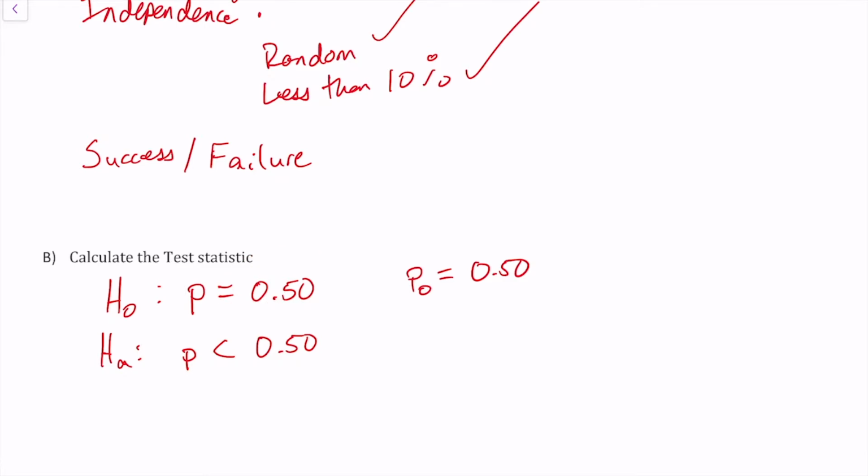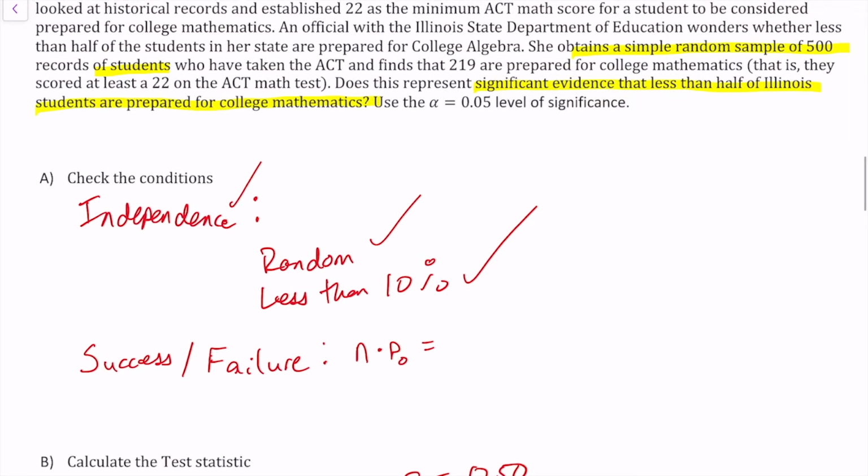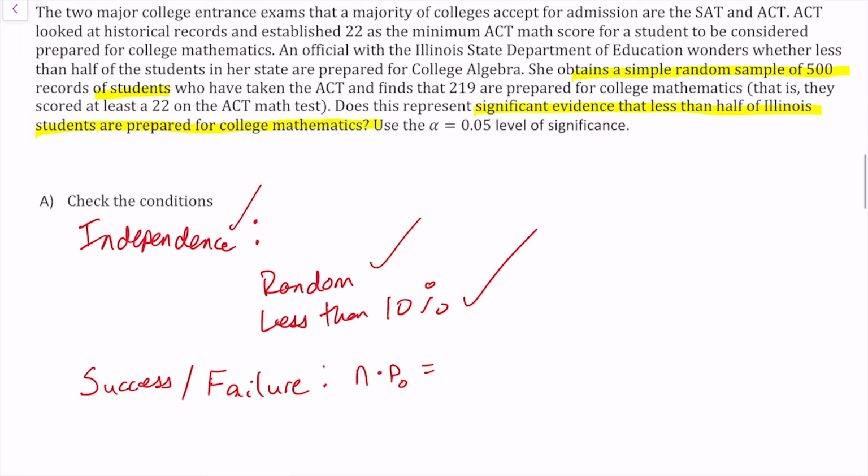Okay? All right. So success and failure. Remember, what the success and failure condition was, we have to check N times P null. Well, that's going to be N times P null. So what's our sample size? We got a sample of 500 students.